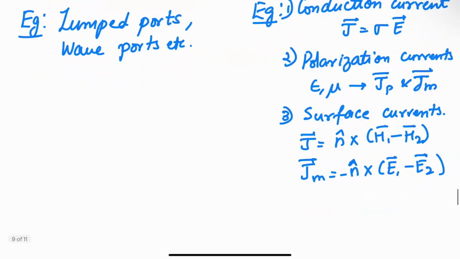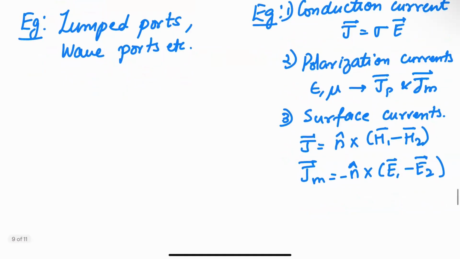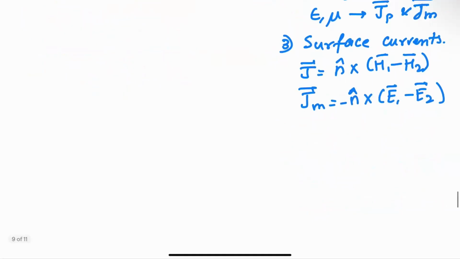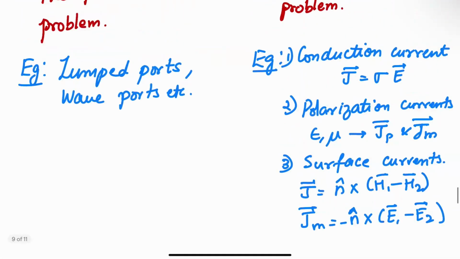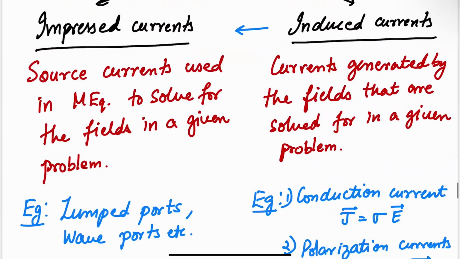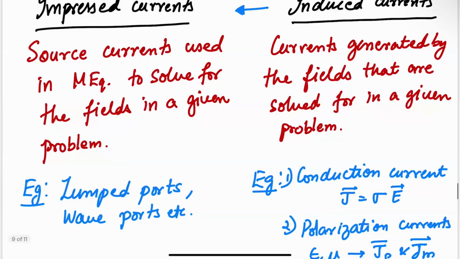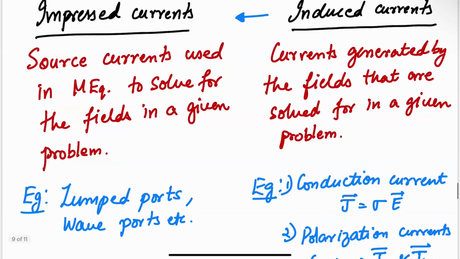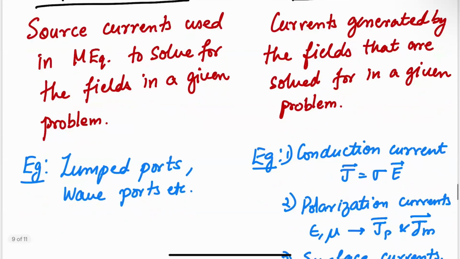Now, the subtlety comes in as to how you exactly define induced and impressed currents, right? So let's take an example to see that sometimes induced currents can become impressed when you change the problem definition. I mean, impressed currents like these lumped ports, wave ports, they have to come from somewhere, and they don't come from nothing.